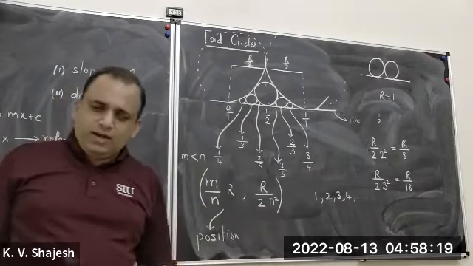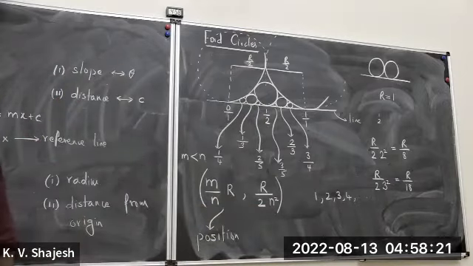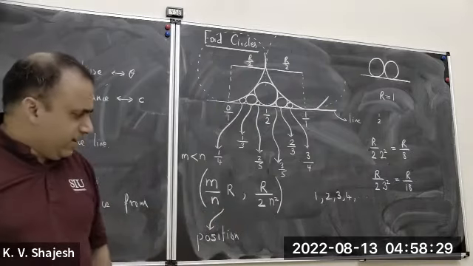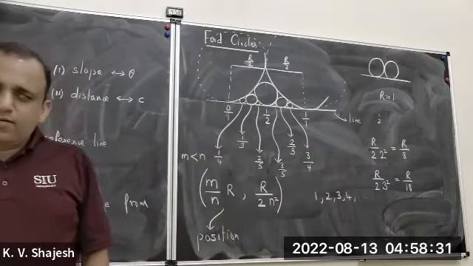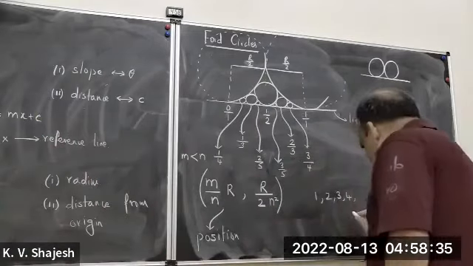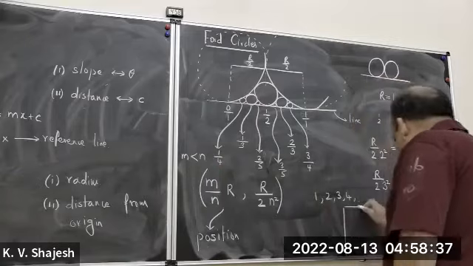So rational numbers have interesting properties. I'll tell a few things about it in a few minutes. And here we are saying that there's a one-to-one relation between rational numbers and Ford circles.